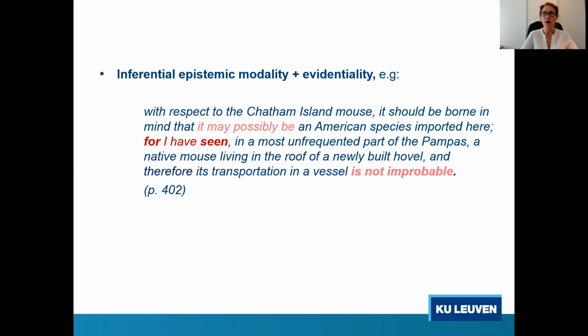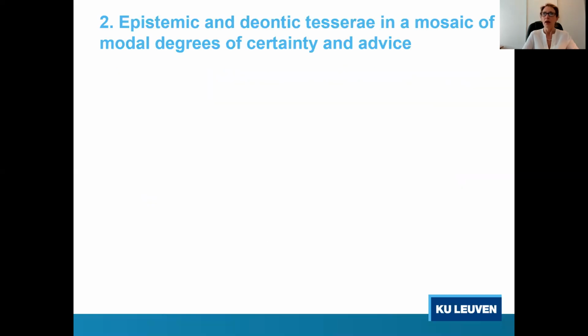"With respect to Chatham Island mouse, it should be borne in mind that it may possibly be an American species imported here, for I have seen in a most unfrequented part of the Pampas a native mouse living in the roof of a newly built hovel, and therefore its transportation in the vessel is not improbable." The last expression shows inferential epistemic modality, and for that evidence is presented, as you can see here.